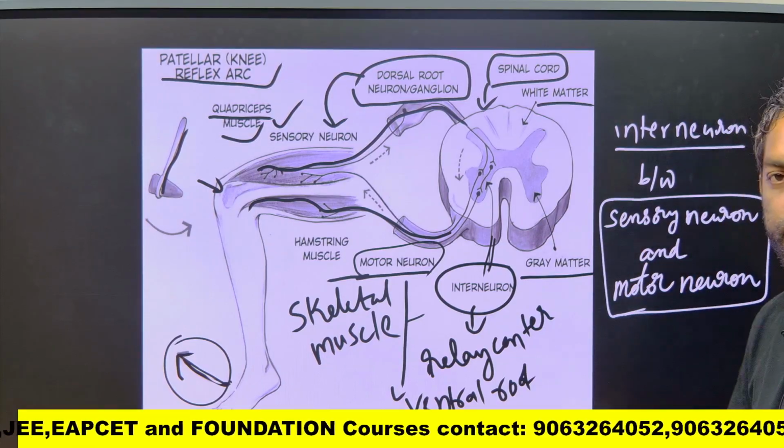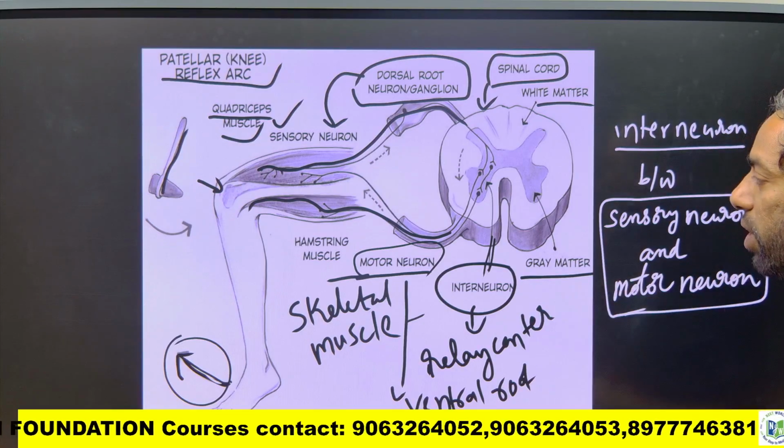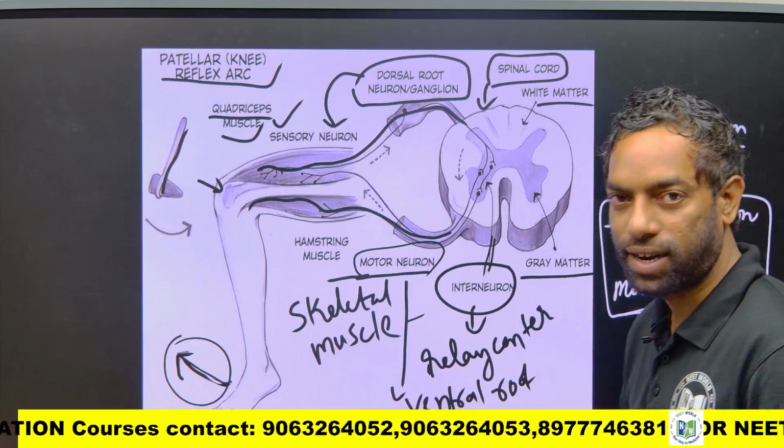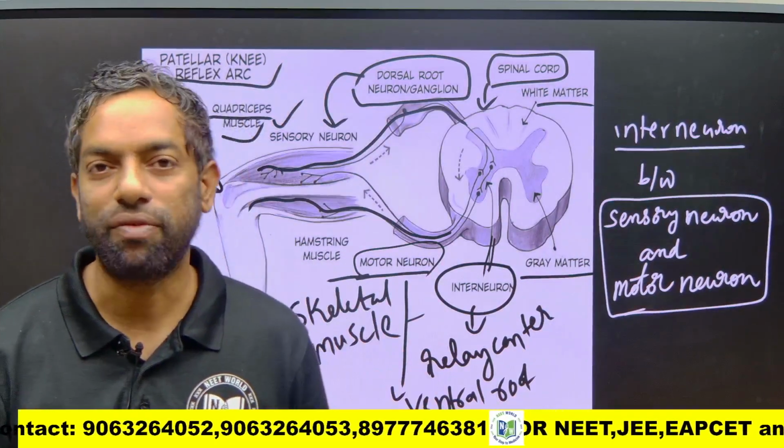This is about the spinal nerve, and this is about the reflex arc. I hope you guys understand this. Thank you. Tomorrow we will discuss the functions of the brain.